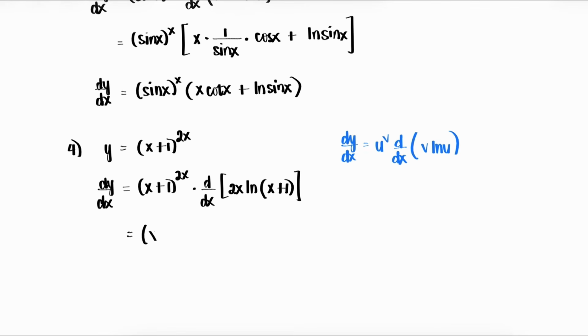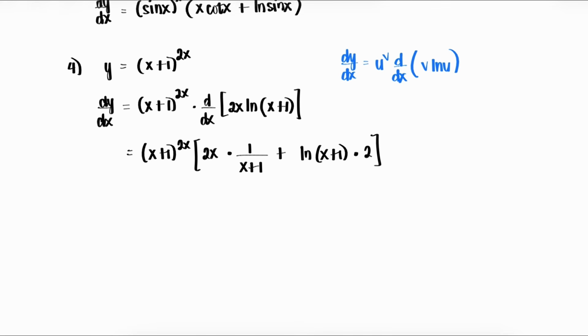Again, copy x plus 1 to the power of 2x, multiply it to the derivative, so copy 2x times 1 over x plus 1, and the derivative of x is 1, plus ln of x plus 1 times the derivative of 2x, which is 2.